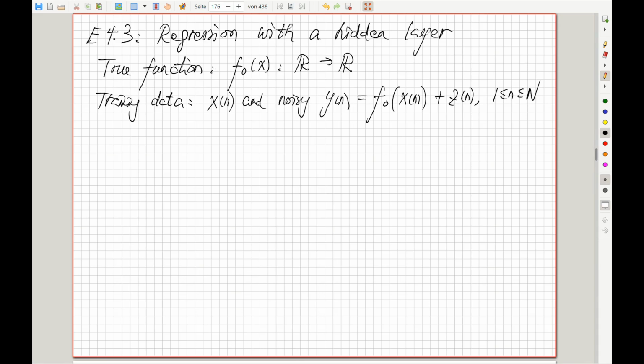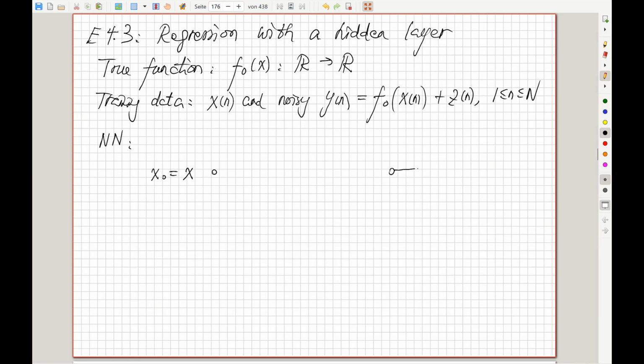And now I use a very simple dense neural network containing only a single hidden layer. We have a single input. X0 is the general notation for the input of the whole neural network, in our case just x. This is our single input neuron. We have a single output neuron.